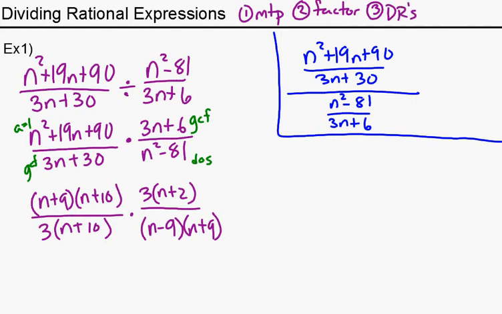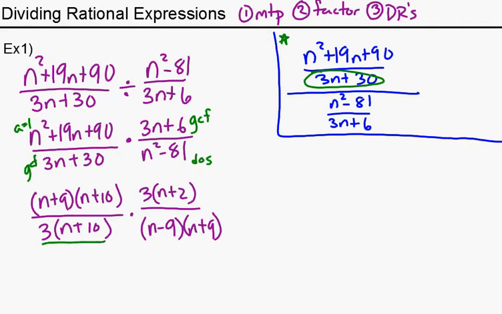Domain restrictions, and this is where it gets a little bit tricky, because remember, domain restrictions come from denominators. So look back over here for a second at this side. If I look at who has ever been a denominator, it's pretty clear that the 3n plus 30 has been a denominator. So I'm going to have to get domain restrictions from there.